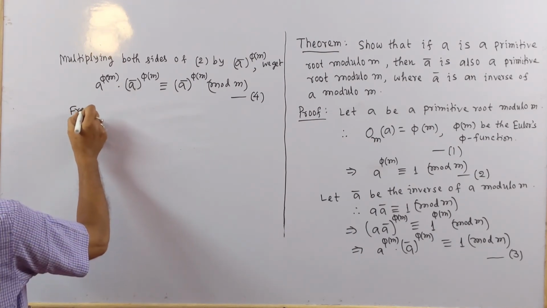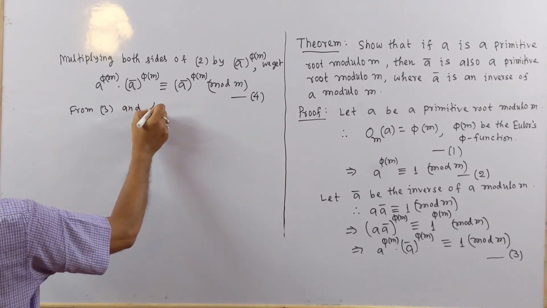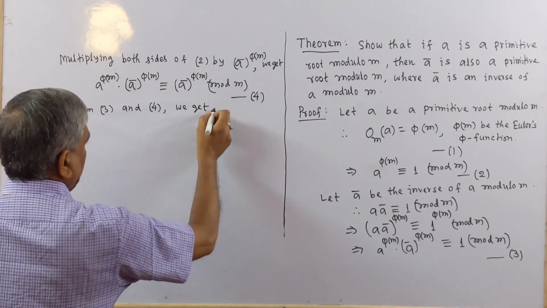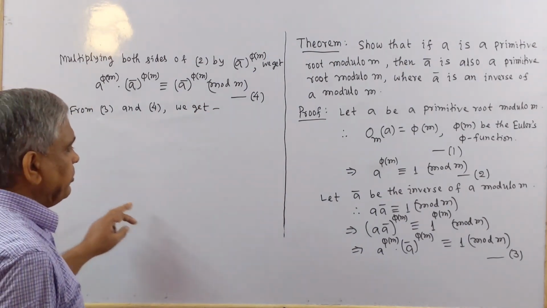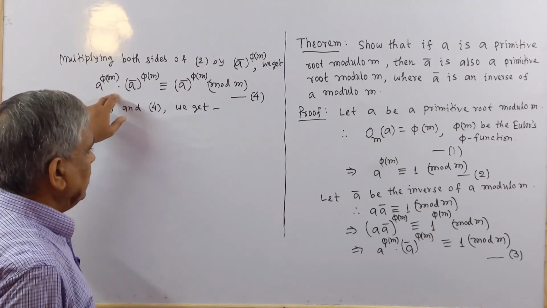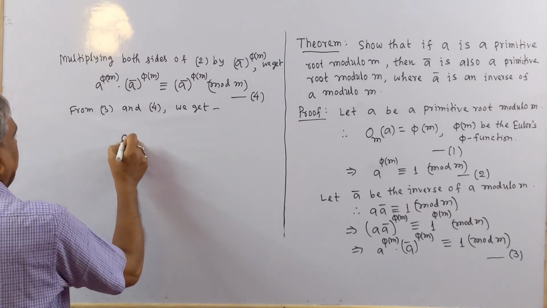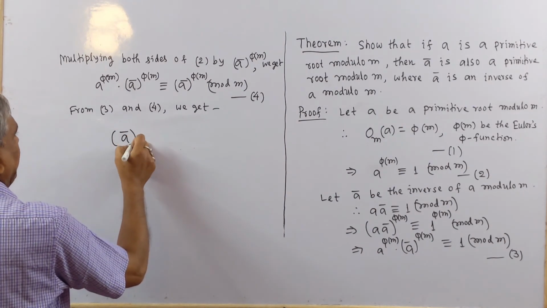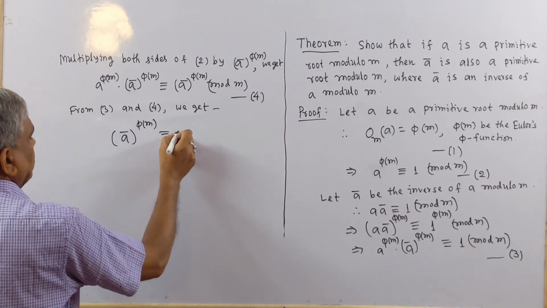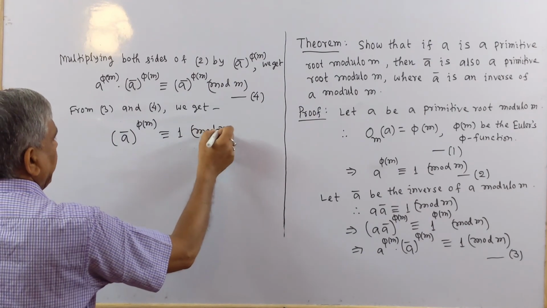From 3 and 4 we get, here we see that the left sides of 3 and 4 are the same, therefore we get a bar to the power phi m is congruent to 1 modulo m.